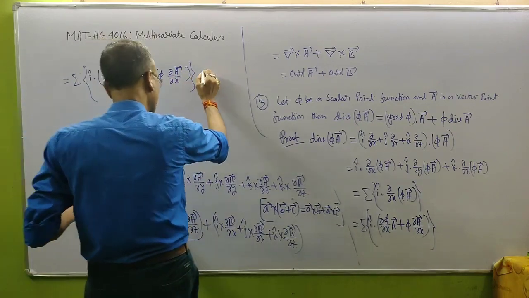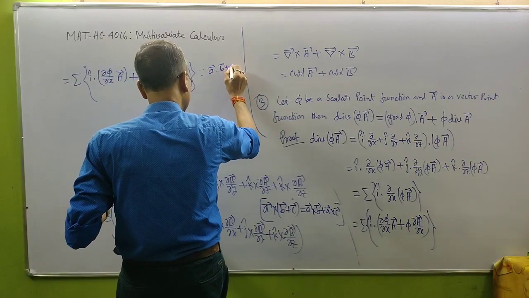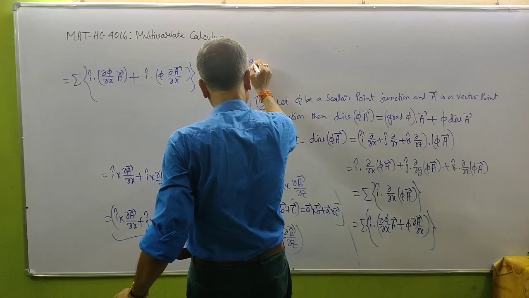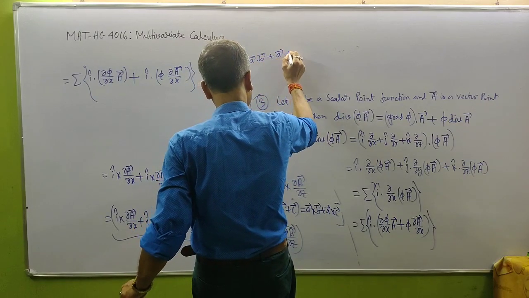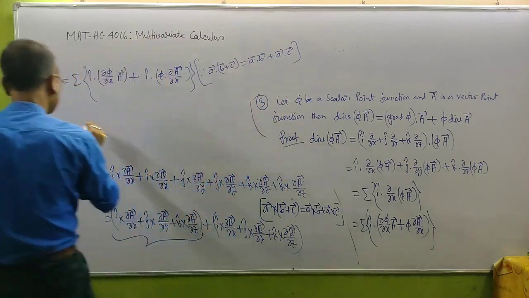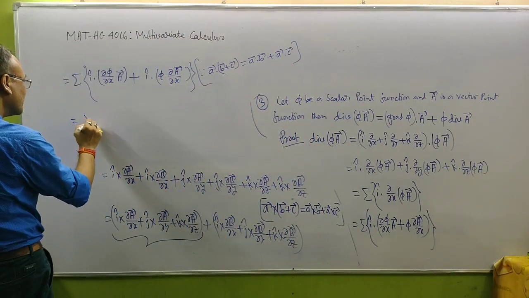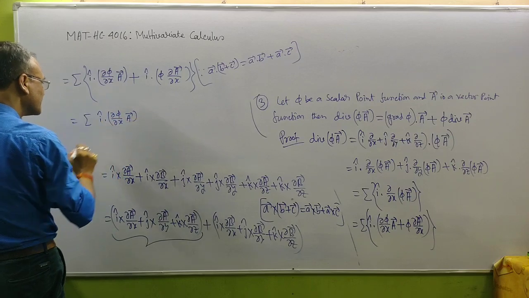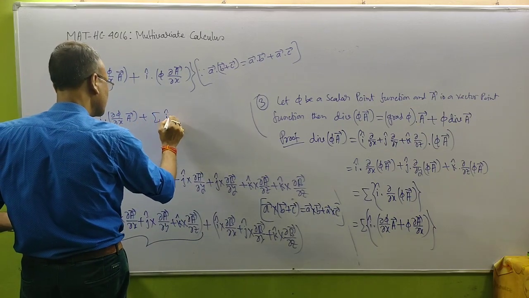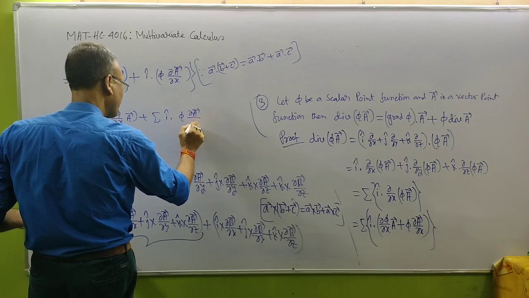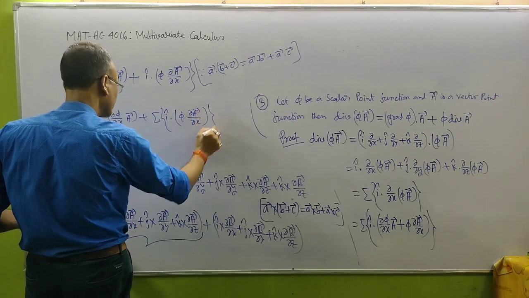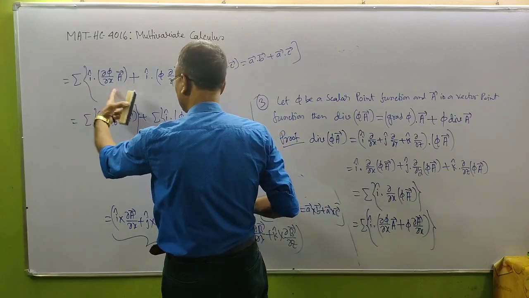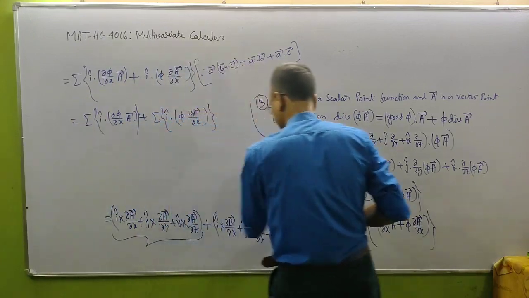Since dot product is distributive, A vector dot (B plus C) will be equal to A dot B plus A dot C. Summation of this plus this is equal to summation of this plus summation of this. You may write like this.